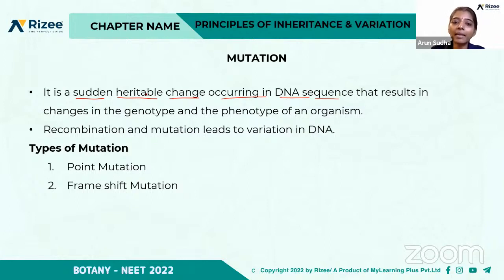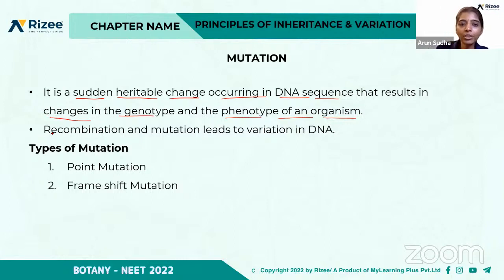It is a sudden heritable change occurring in DNA sequence that results in changes in the genotype and the phenotype of an organism. So as a result of the change in the DNA sequence, there will be a genotypic change as well as the physical expression, that is the phenotype of an organism. Okay, so that is the mutation.